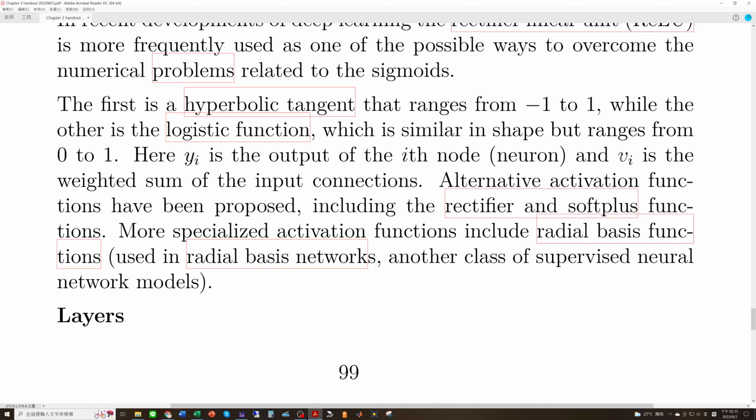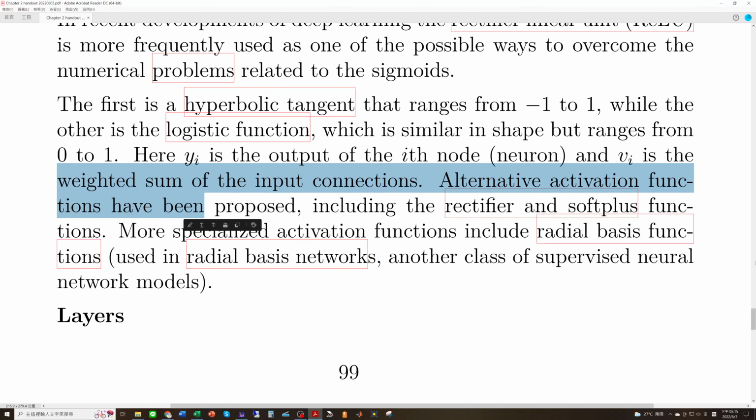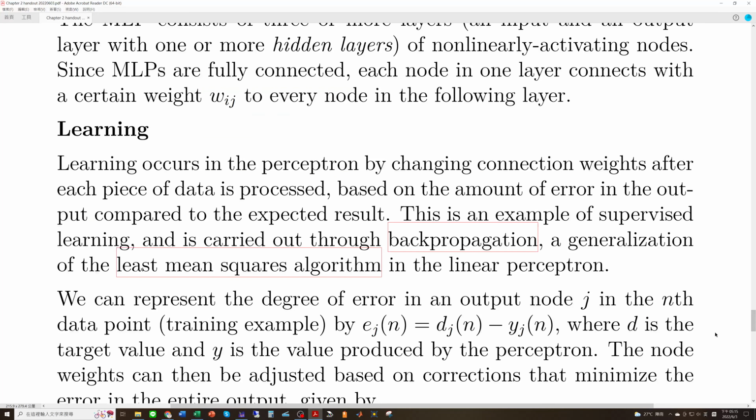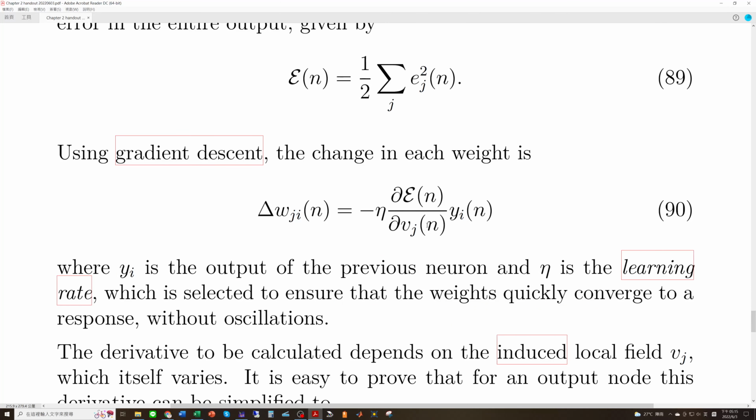So Vj of n is the weighted sum in an output node j at the nth data point, that is, the training example, times Yj of n, where Yi is the output of the previous neuron. You can see that in equation 90.